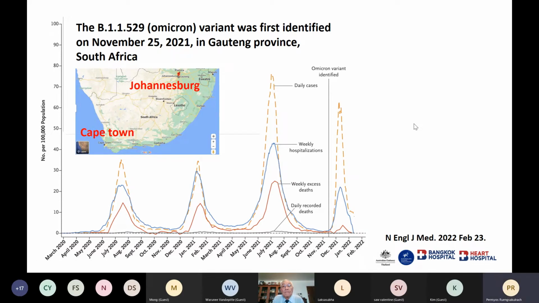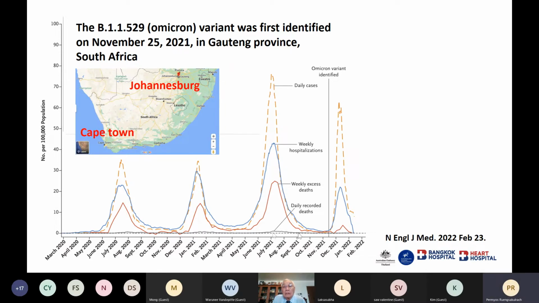So Omicron came in November, November 25th, and it took only 2 weeks to become the dominant variant in South Africa. Only 2 weeks. It's very quick.